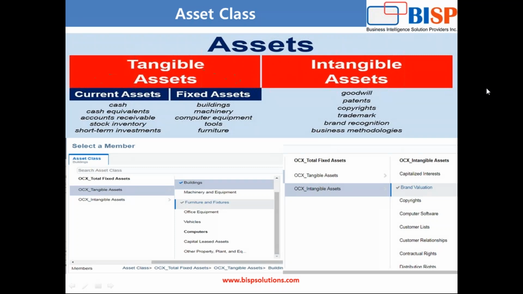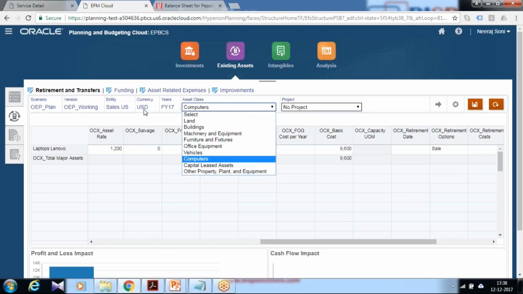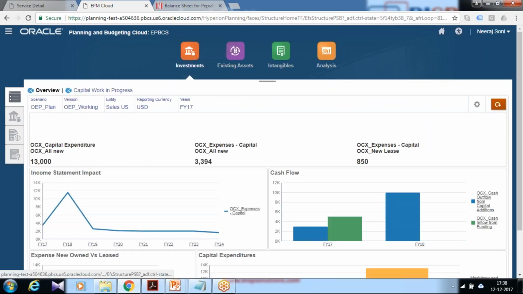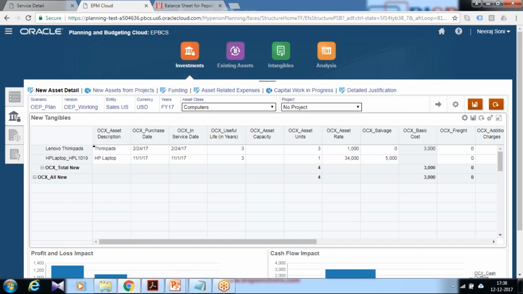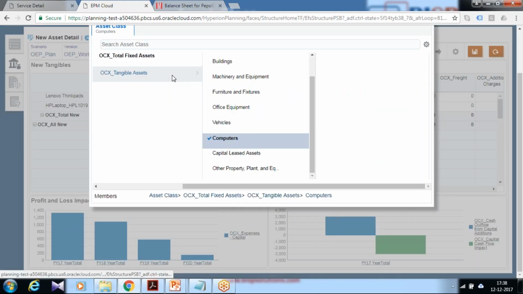Exactly, when you create a new asset, you can define which asset class your asset may map to. So while creating a new asset, there's an option to select the asset class, and the list of asset classes you see over here is what you define during application creation.